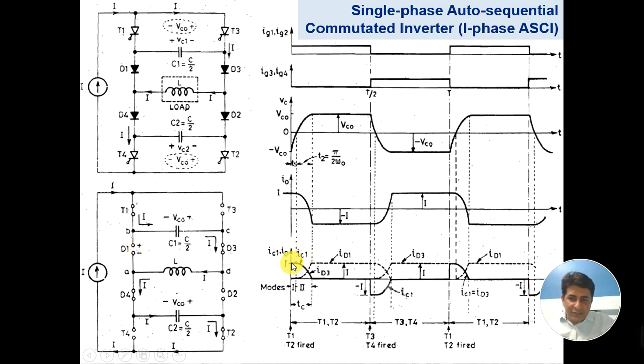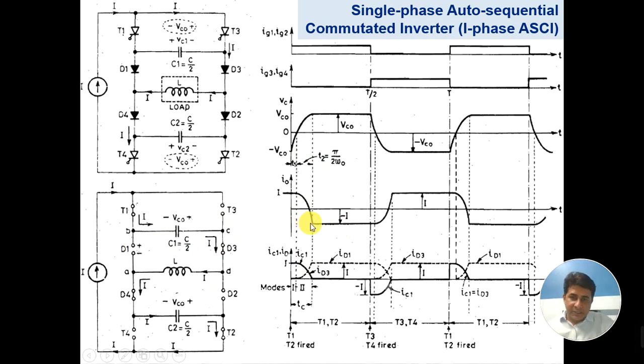As the current through the capacitor, because the capacitor will first discharge and then charge, goes down to 0, this makes the current iD3 0, and the current is shifted to iD1, and soon the current through diode D1 starts rising. So during time T2, the current through D3 reduces, while the current through D1 establishes.